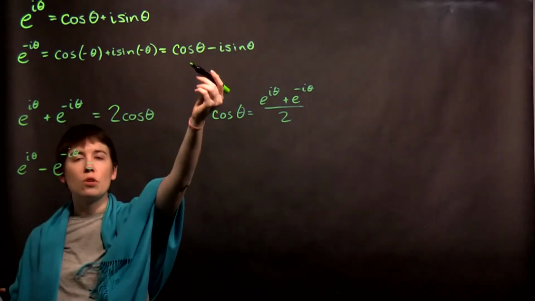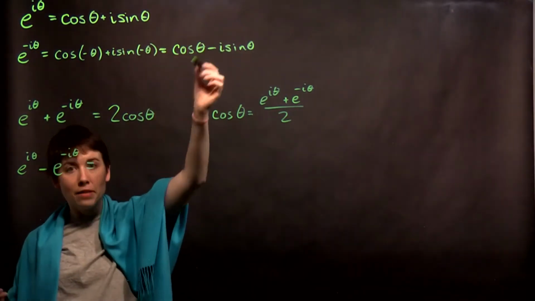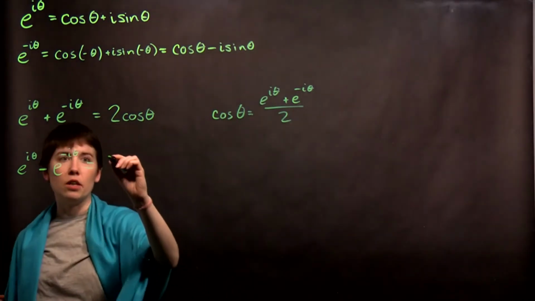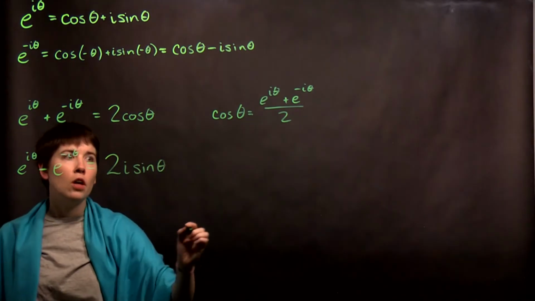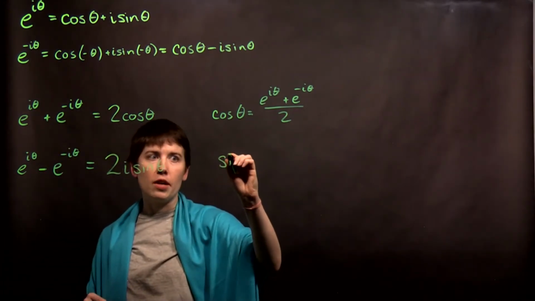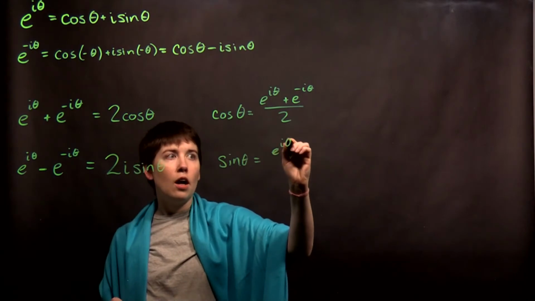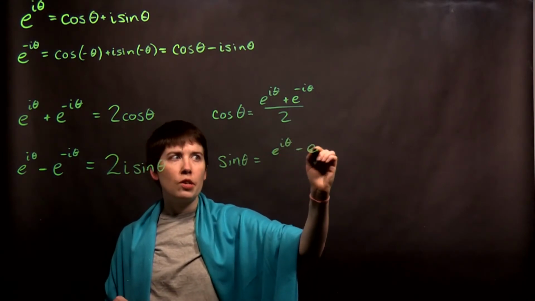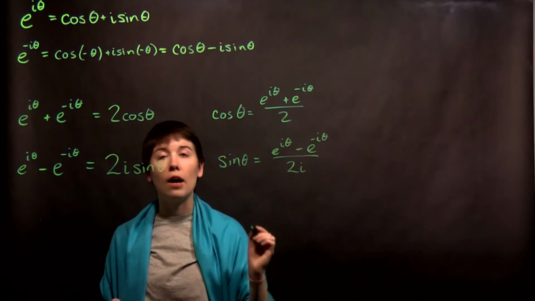So cosine minus cosine is 0, but then I have i sine theta minus i sine theta, so that's 2i sine theta. And so sine theta is equal to e to the i theta minus e to the negative i theta over 2i.